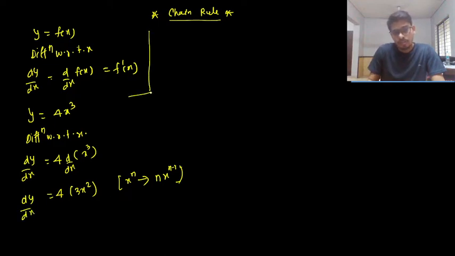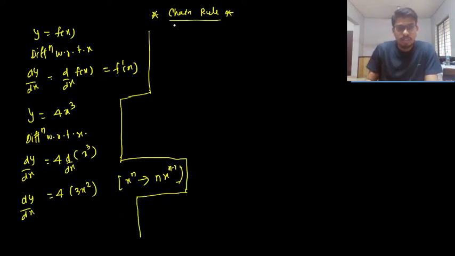So suppose a function y is written in the form of another function. Then what to do in this case? In this case, we have to differentiate this function with respect to u only, because this function is written in the form of u.